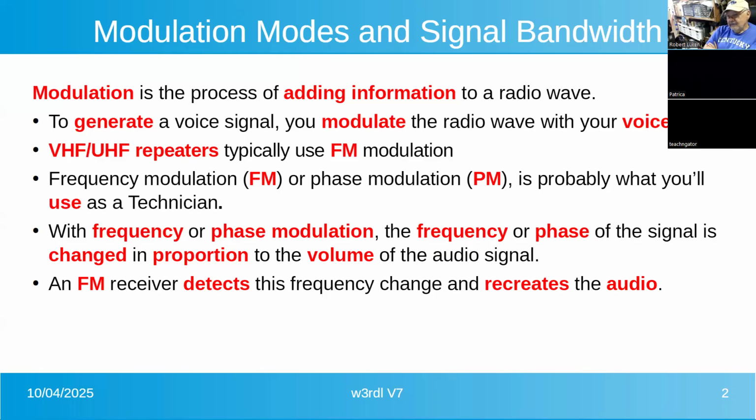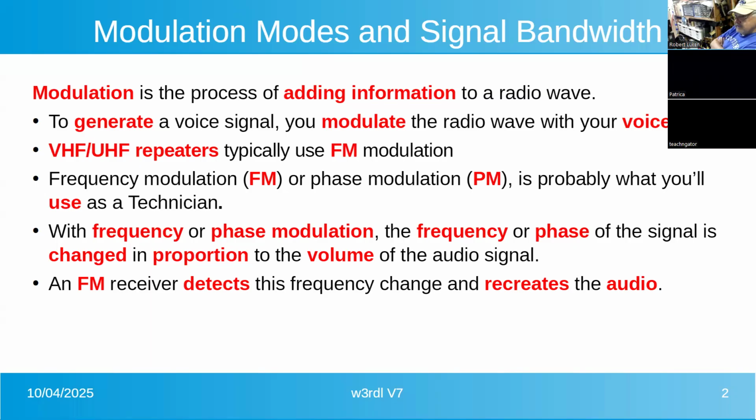So if you want to send a voice signal over the radio waves, you have to have some way to modulate, which means you either change the amplitude or the frequency or the phase of the carrier signal proportional to your voice.